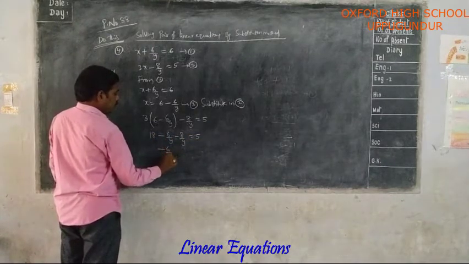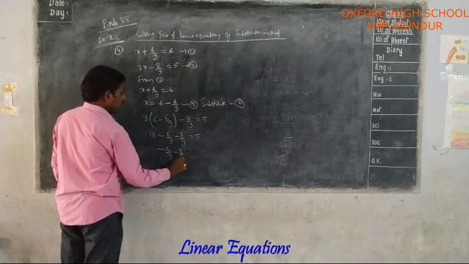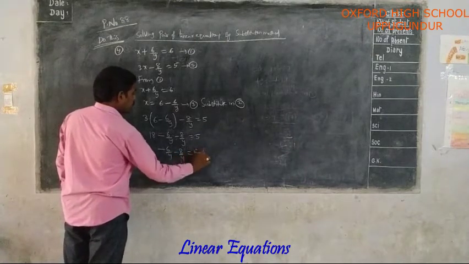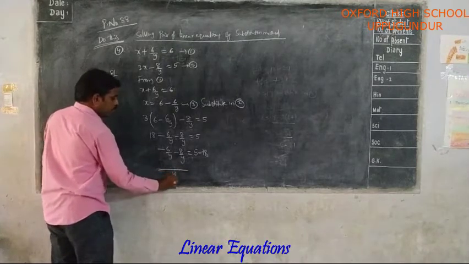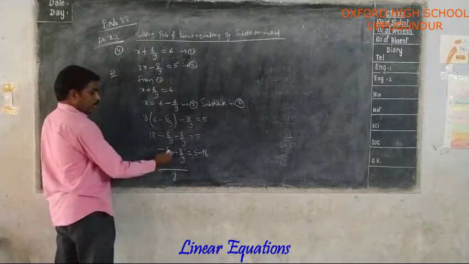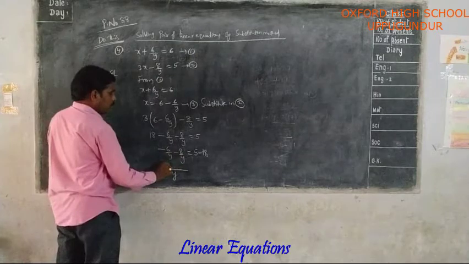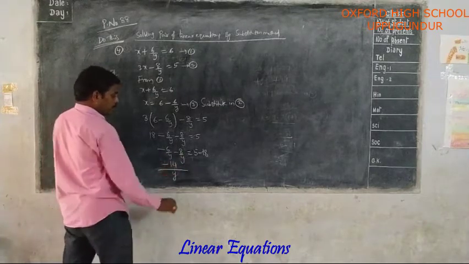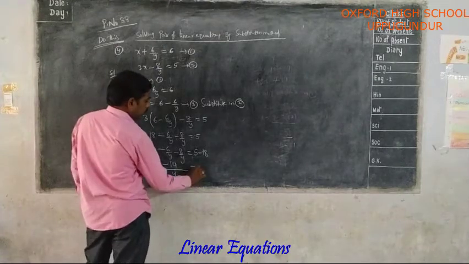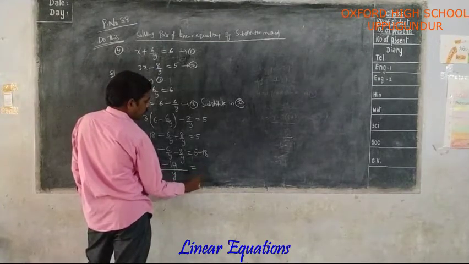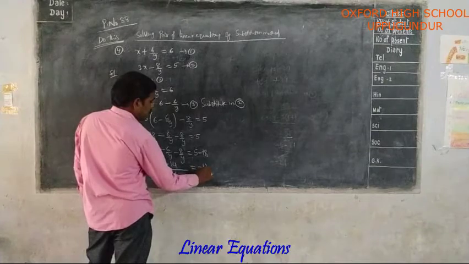Minus 6 by y minus 8 by y equal to 5 minus 18. For both of these two, common denominator is y. Now adding these two, minus 6 minus 8, minus 14 by y equal to 5 minus 18, minus 13.